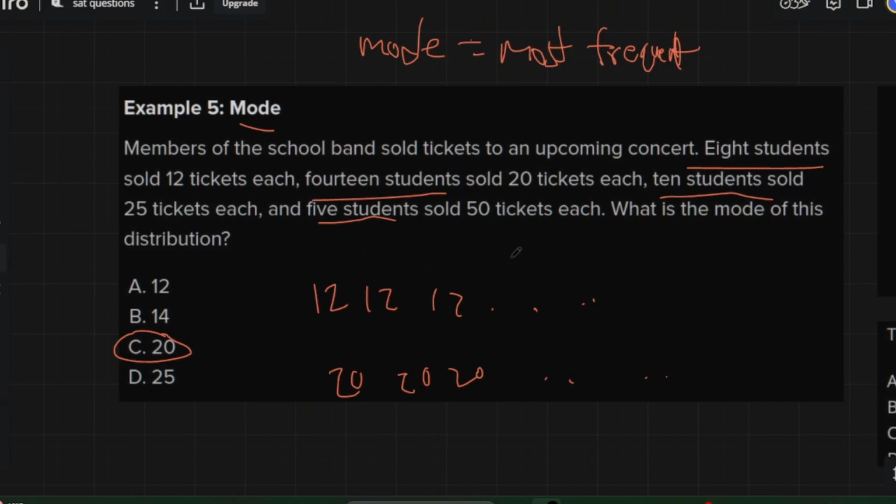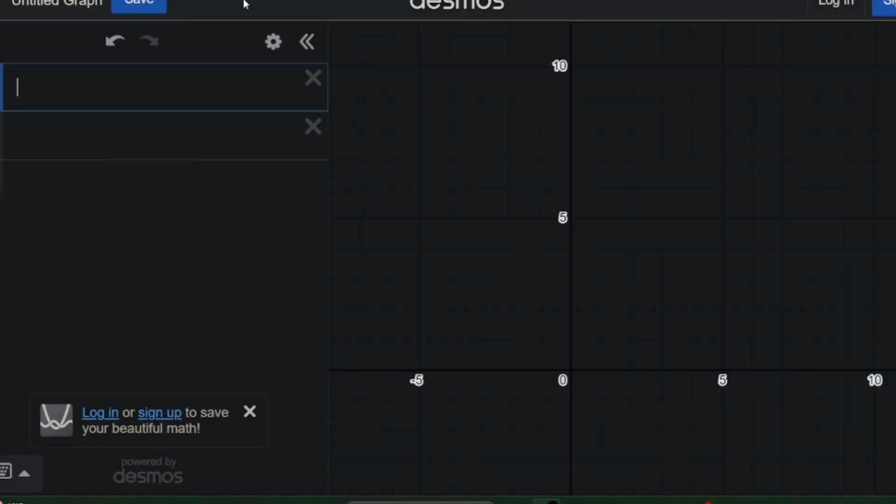Now, how do I do mode on Desmos? Say I don't even know what this means, right? Let me show you the trick. We're going to create a data table here, and we're going to name it, let's see, not D, let's say Z. Z is equal to 3, 4, 4, 4, 5, 6.